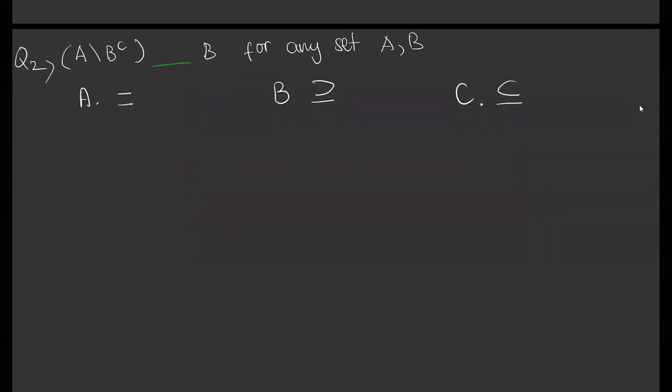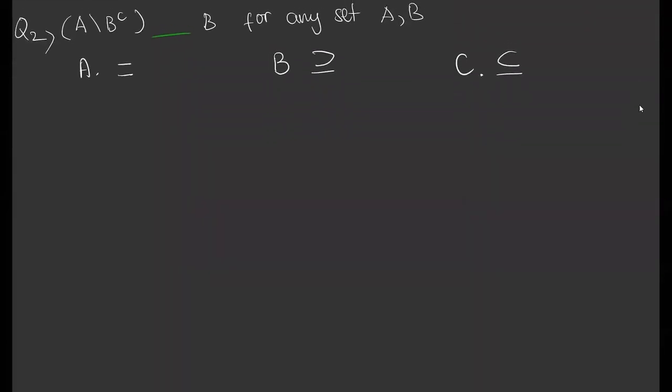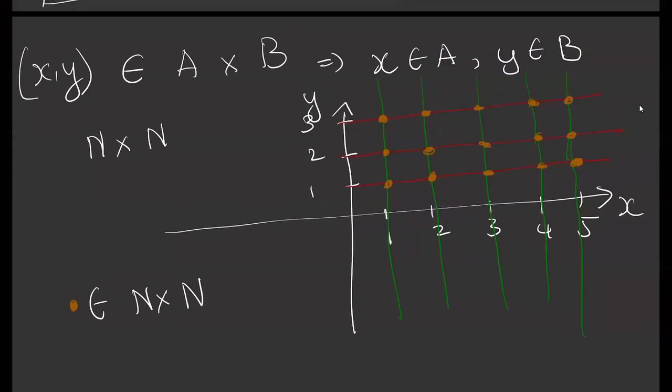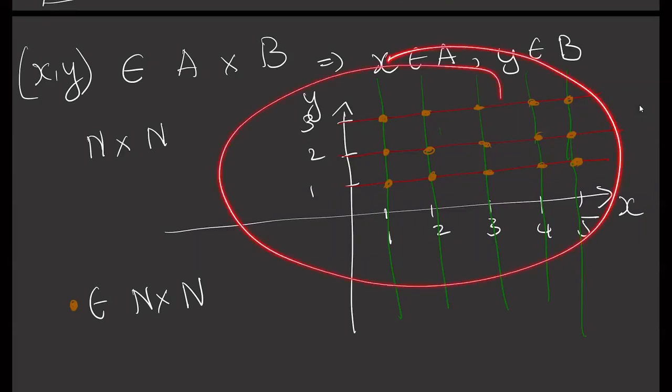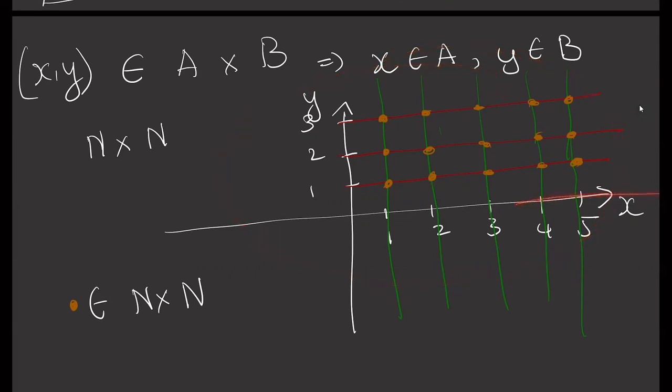Let's move to the first question. I don't know why there's another additional page here. Okay. So the orange dots represent N times N. Yes, and as you imagine, if you zoom out, this one will contain more values.